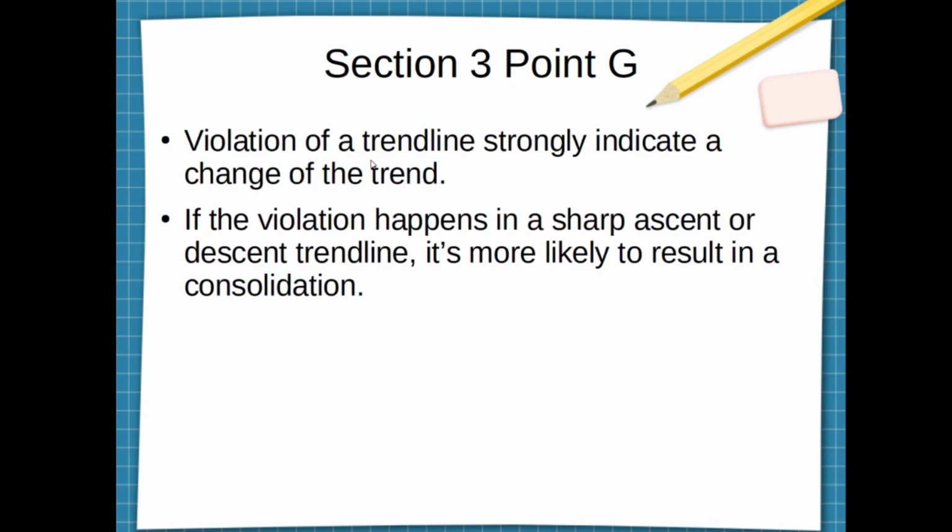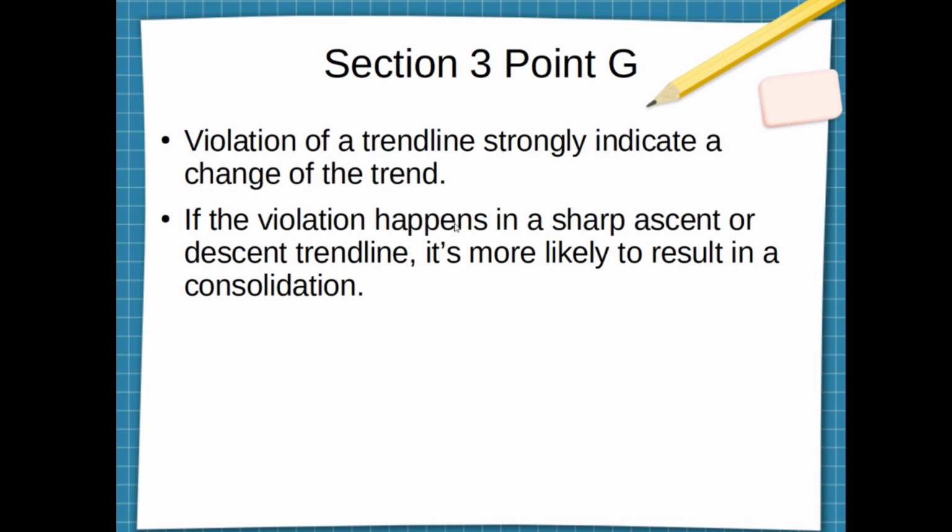Now, violation of a trend line strongly indicates a change of the trend. Remember, first is change of the trend, but in some very specific situations, you might get an idea of whether it is going to reverse or consolidate to continue. So what is it?